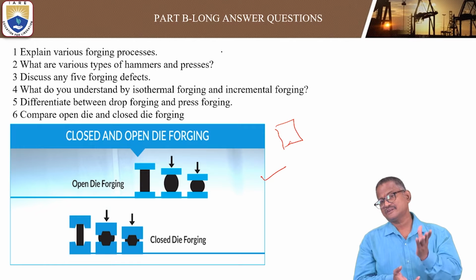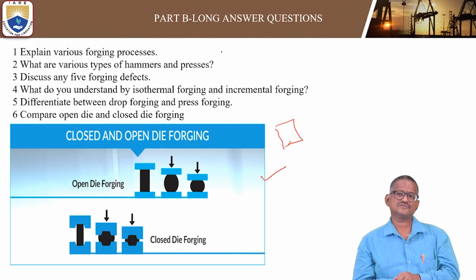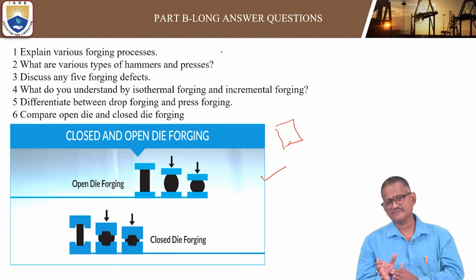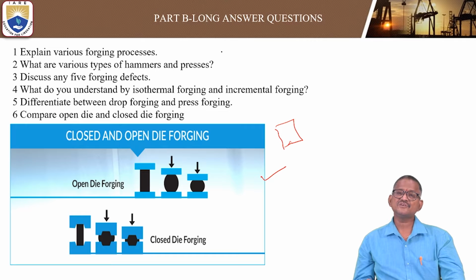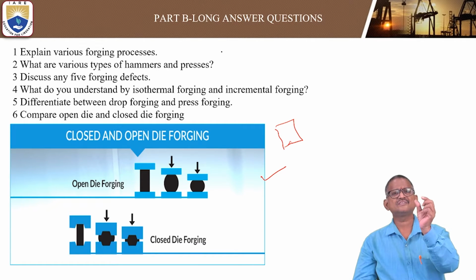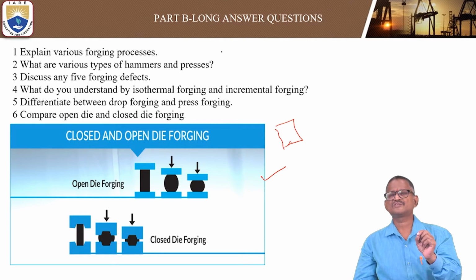Even in manufacturing technology, students have secured more than 90% of marks. Once we understand the concept, you can write it in your own way. Similarly, you can see the various types of hammers and presses. It is a 14 marks question.